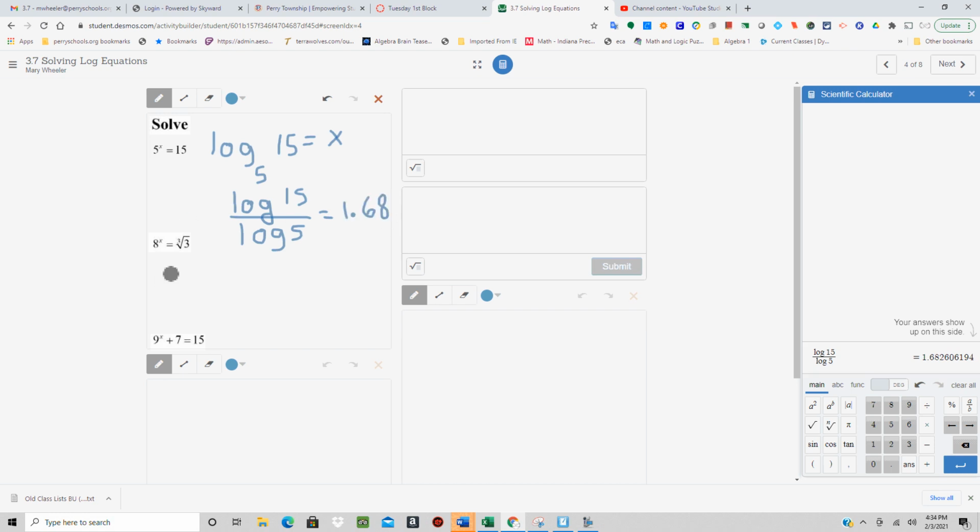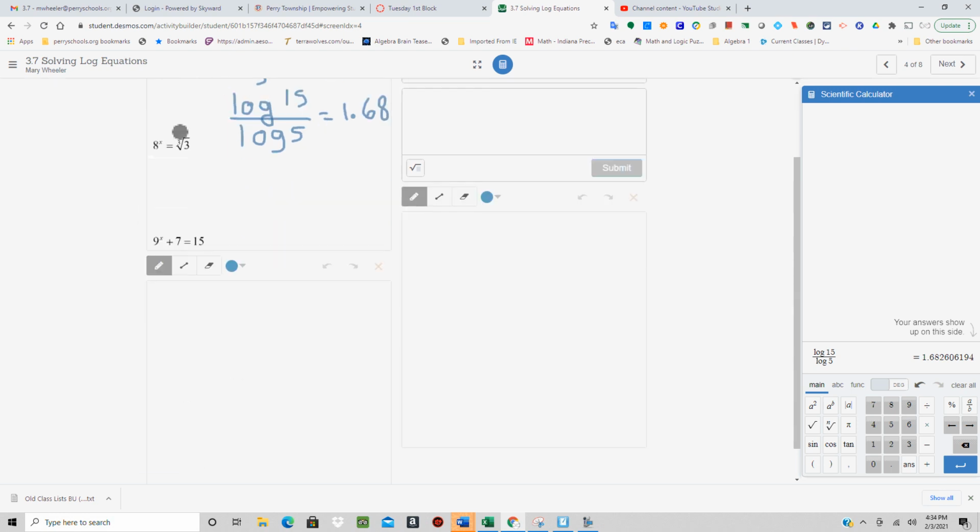All right, next one I'm going to do down here, 8 to the x equals the cube root of 3. So that's just going to be log base 8 of the cube root of 3. Use my change of base, and don't let that cube root throw you for a loop.